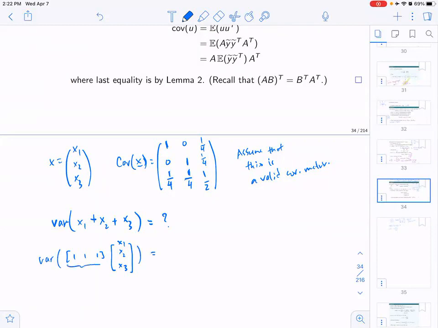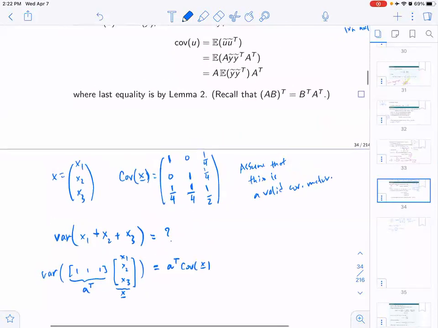So the only thing that we have to change is that this is X, not Y, and let's call this A. I'm going to call this A transpose, for example. So if I call this A transpose, can you restate what you said in terms of these notations? A transpose times the covariance of X, and then times A. Okay, that's good enough.